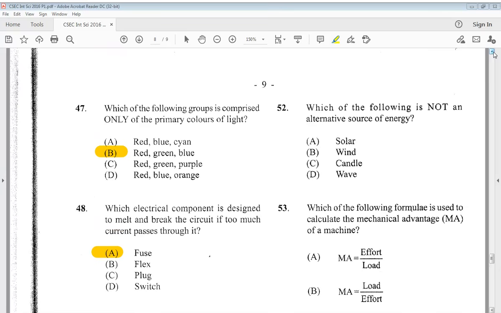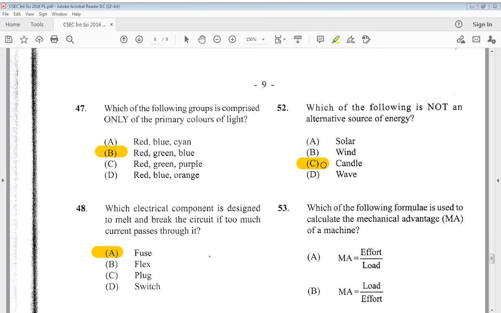Which of the following is not an alternative source of energy? A. Solar, B. Wind, C. Candle, or D. Wave. The answer would be C. It says not an alternative source of energy.